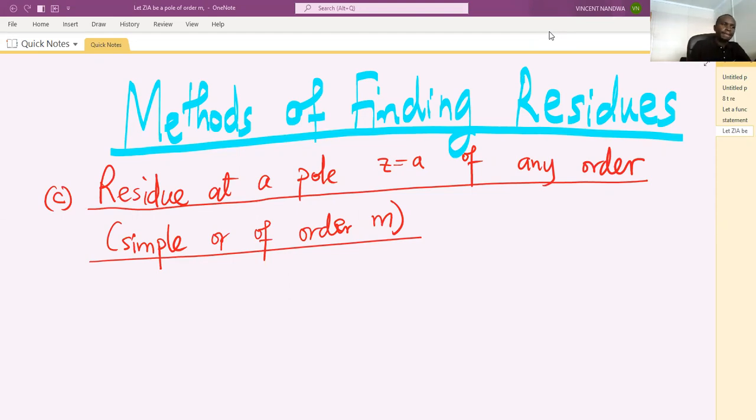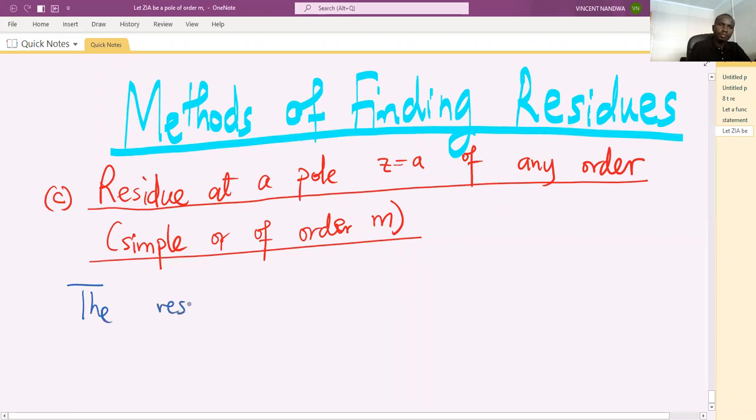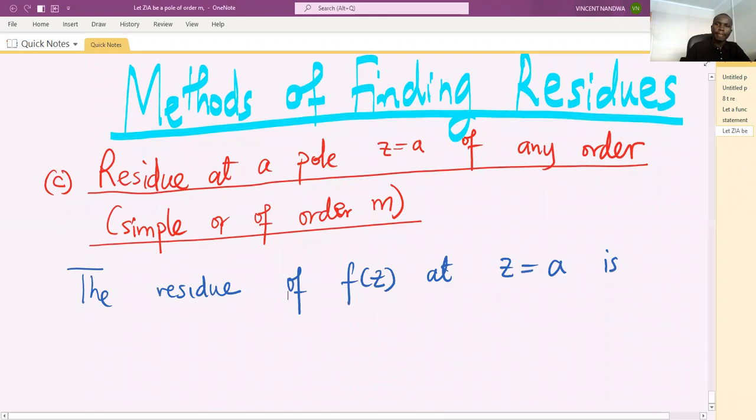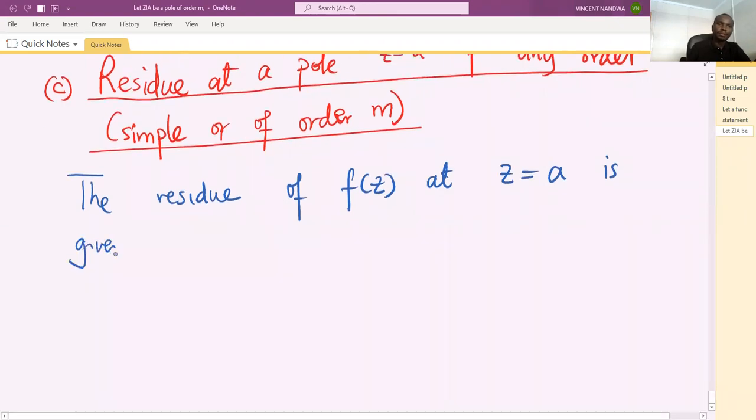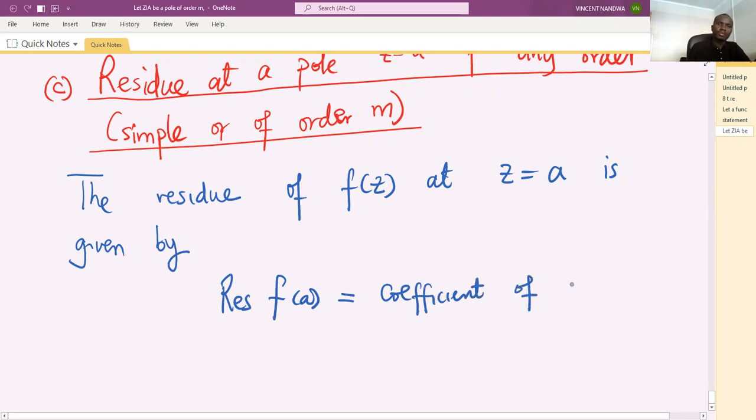So we say the residue of f of z at z equals a is given by the coefficient of 1 over t, where t is z minus a.